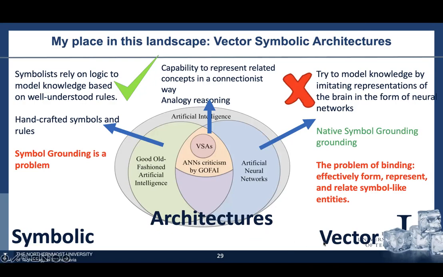For example, symbolic AI is founded on very solid mathematics of logic, so it can perform very interesting reasoning. It used to be successful, and it is used in practical applications like expert systems, for example.